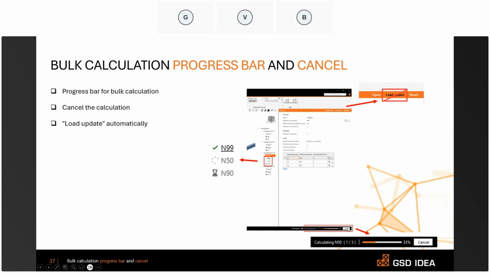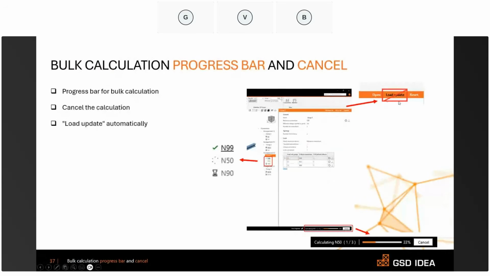Previously, when you pressed bulk analyze, you might have to wait until the analysis was completed before making further changes. But now you have the option to cancel the process at any point of time, do your necessary modifications, and press calculate or analyze all again.